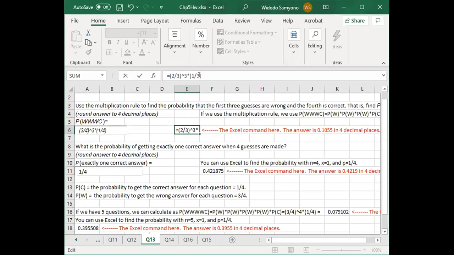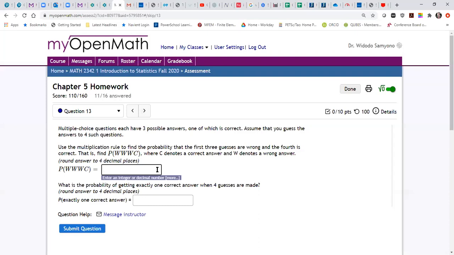And how many wrong answers? Yeah, apparently you have 3 wrong answers, so you have to put 2/3 to the power of 3, right? Okay, and then enter. So this will be the answer for that one, for number 1. Okay. You can copy and paste it for question number 1.